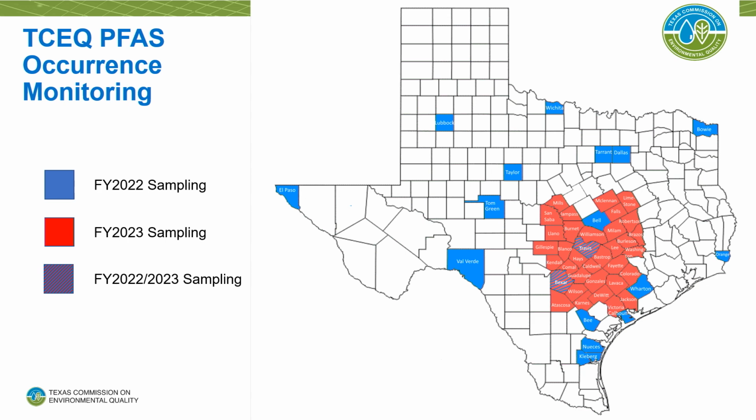For 2023, you can see we picked Travis County, then sampled from these surrounding counties. And that was just any system that wasn't included in UCMR 5. So all the TCEQ sampling is any system that wasn't included in UCMR 5. And for 2024, we're just doing a lot of resampling from 2023 to let the systems meet the initial monitoring requirements that we'll talk about in a little bit.